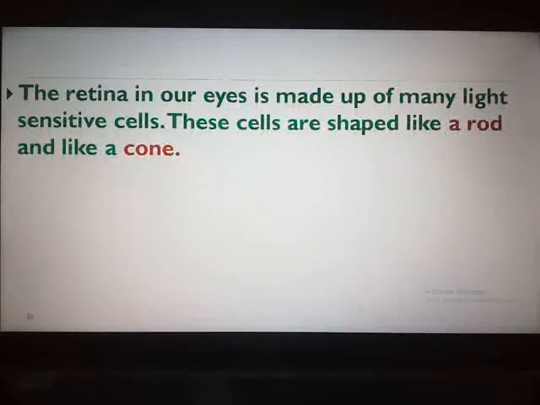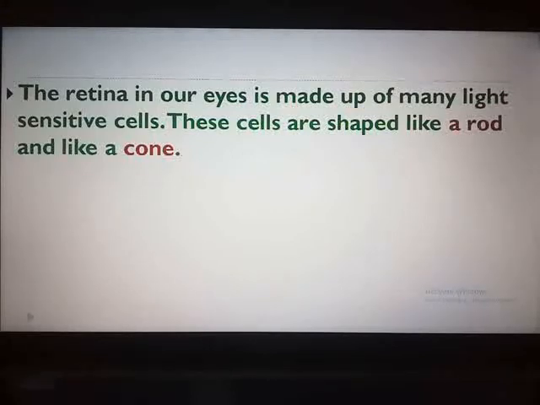The retina, which is a light sensitive screen, is made up of many light sensitive cells shaped like a rod and like a cone. Two types of cells are there, and each has a different function.